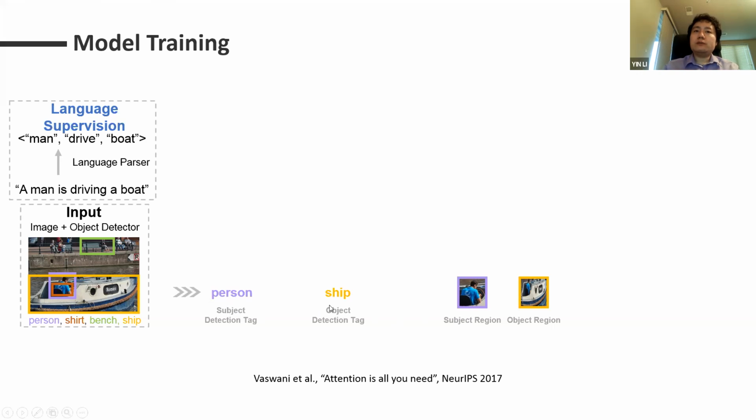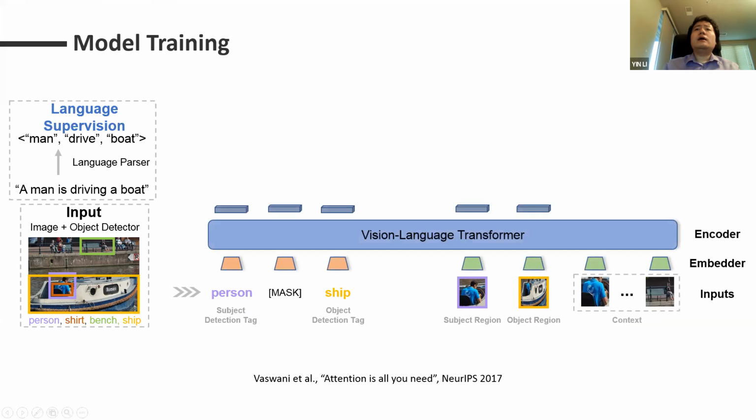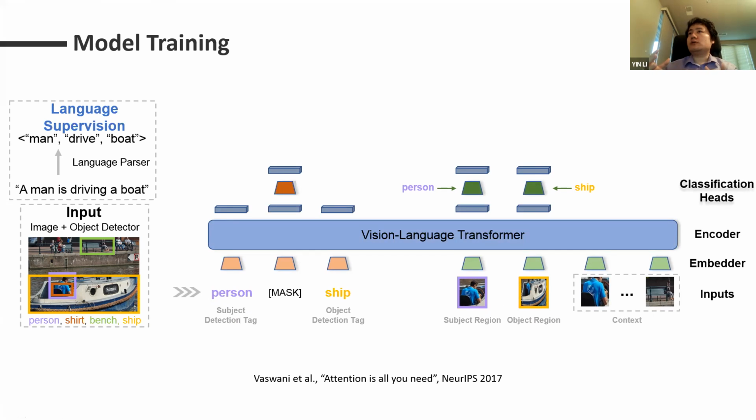We also have shape, the tag of this region. We extract text features for these object tags, and we extract visual features for these object regions. We further encode all the rest of the regions into contextual features as an additional input to our model.